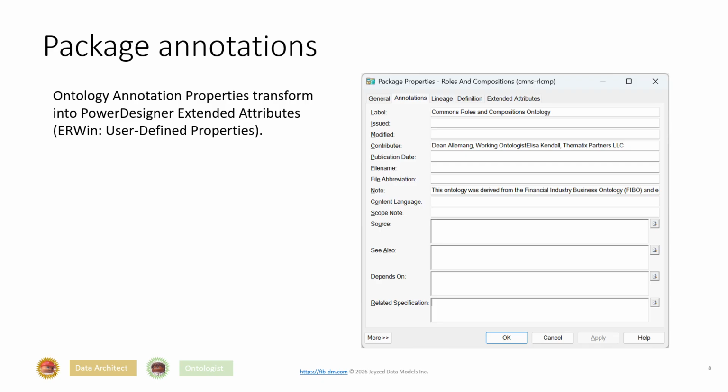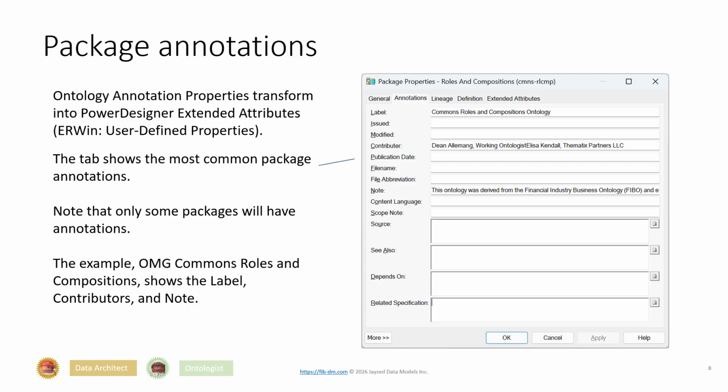And they get transformed into PowerDesigner Extended Attributes, or in ERWin you find them as user-defined properties. Here, for example, we have the package property annotation for OMG Commons roles and compositions, and the tab shows populated the most common package annotations.